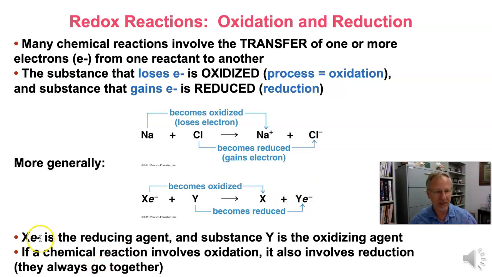And we might say that X with electrons is a reducing agent and substance Y is an oxidizing agent, but we don't need to quite get into that here. So anyway, because this is what happens during cellular respiration, X is basically our glucose, our sugar, and Y is our oxygen.